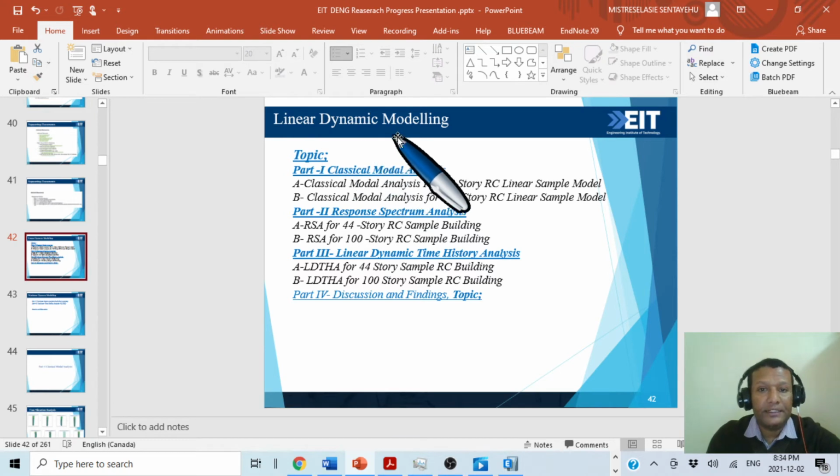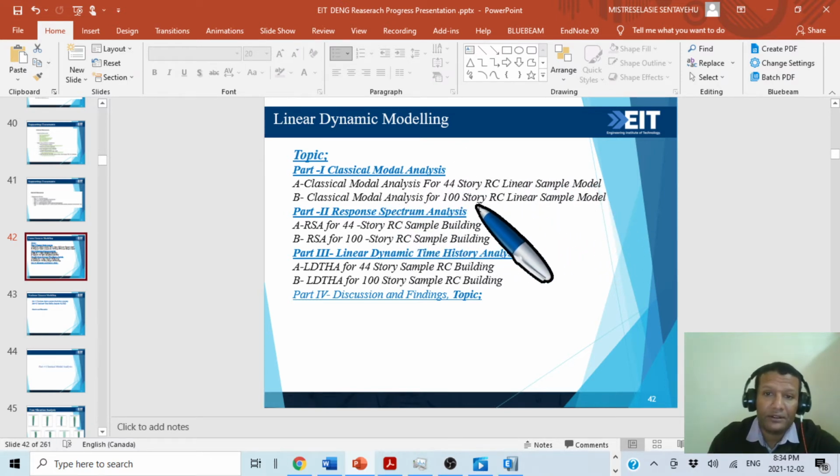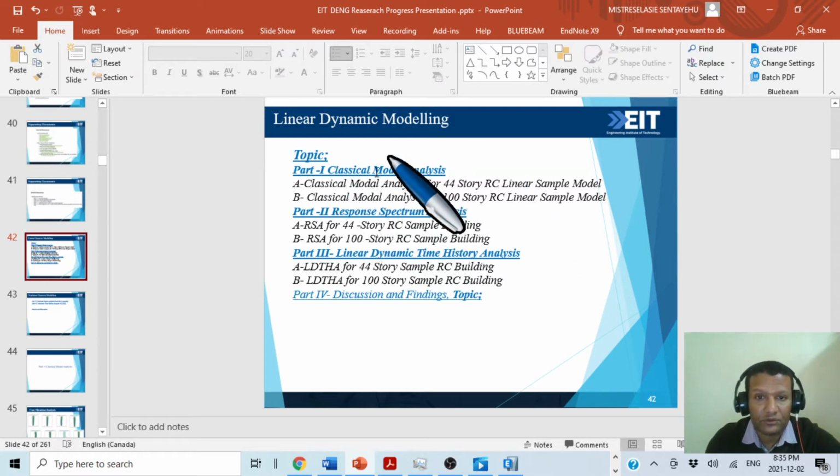So linear dynamic modeling part 1, we are going to make classical modal analysis for the 44 story RC linear sample model, and classical modal analysis for the 100 story. In this video my idea is to cover this part only. Then I am going to prepare another 5 videos for response spectrum analysis for 44 story and 100 story. Then the results will be checked: the fundamental time and frequency, and the first mode, second mode, third mode, whether it is translational, torsional, is there any problem, we will check it.